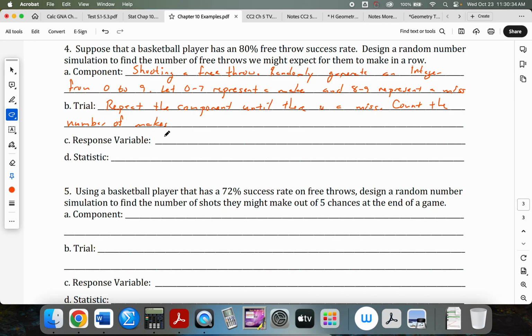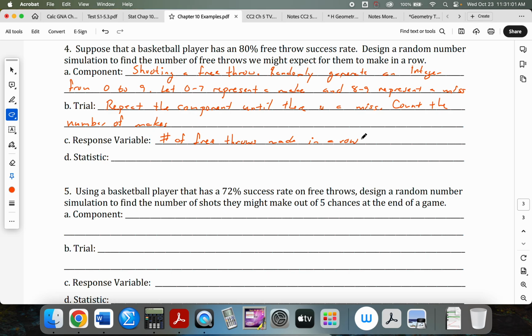Okay, the response variable would be the number of free throws made in a row. Out of that, we hope to get a statistic. What would we probably do with this?